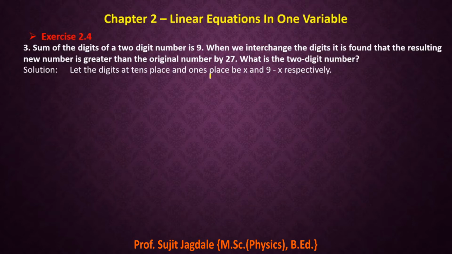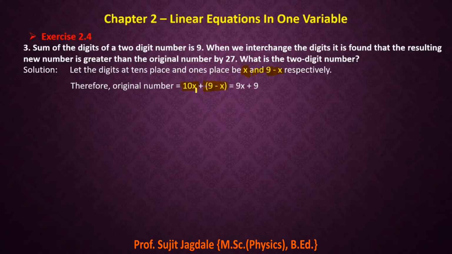So we assume that the digit at the tens place is x and the digit at the ones place is 9 minus x, respectively. Now the original number can be calculated with the help of the expanded form: 10 into the digit at the tens place plus 1 into the digit at the units place.